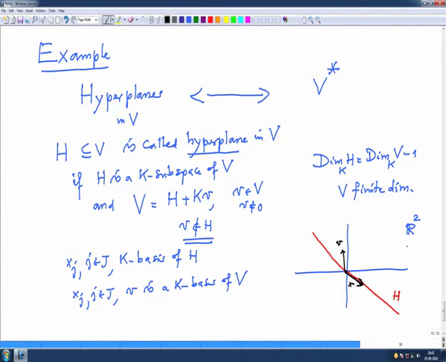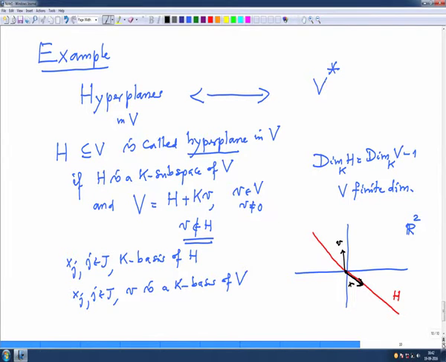You can take a plane in R3 passing through the origin, that will be 2 dimensional, and take a vector which does not lie in this plane, and that along with the basis of the plane will give you a basis of V. So, these are hyperplanes, and now from each hyperplane we can get a non-zero linear form.